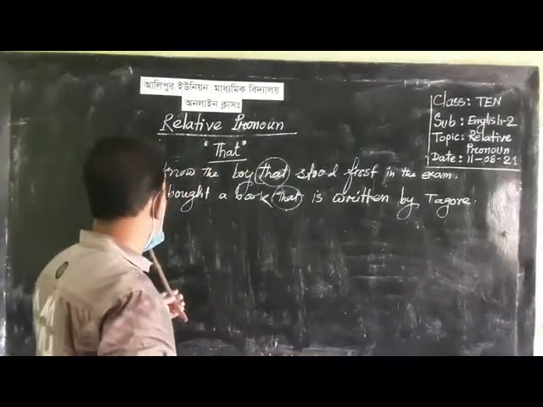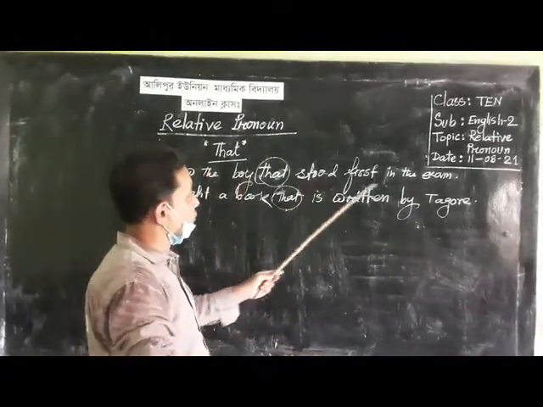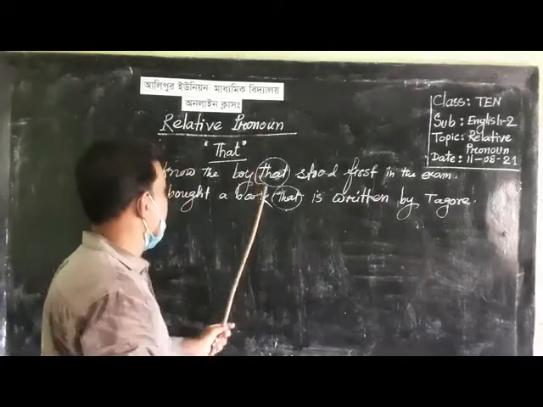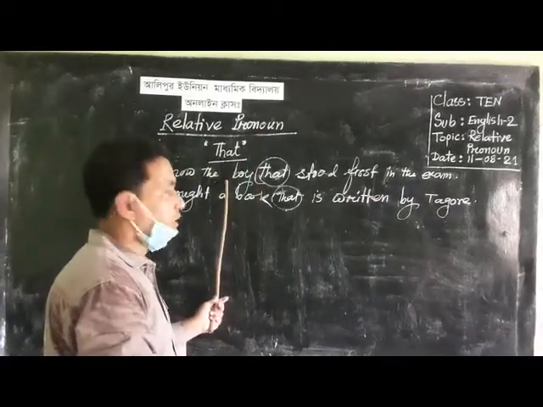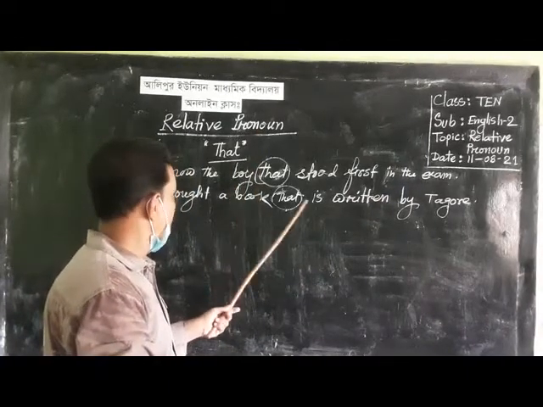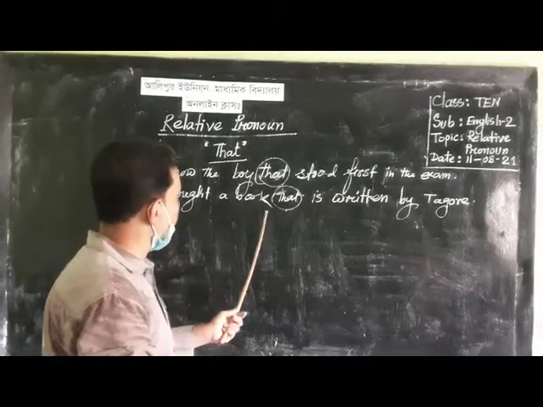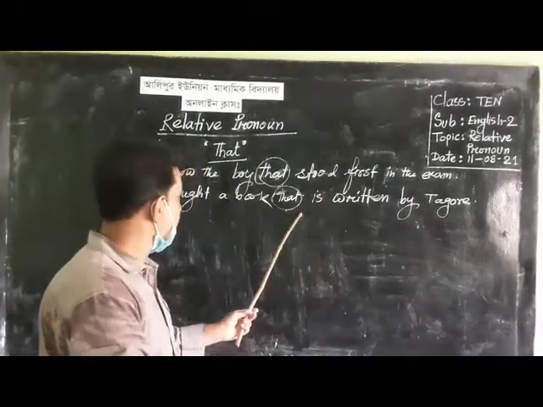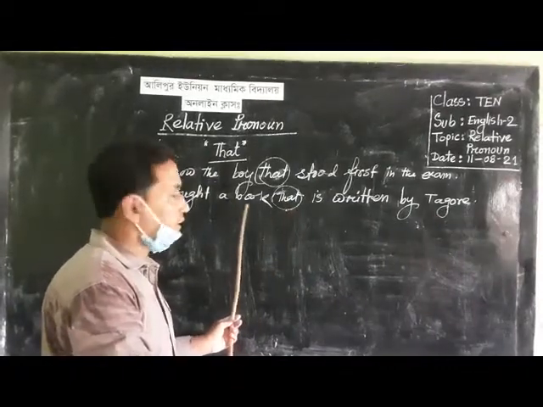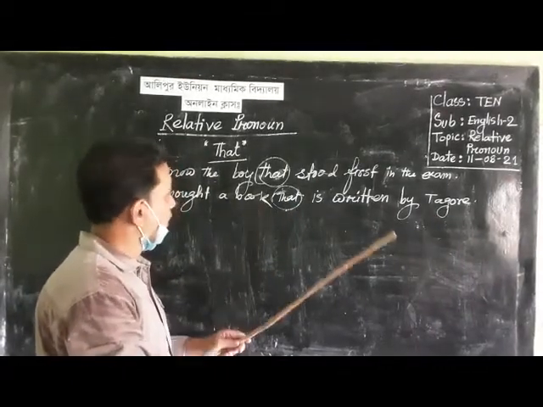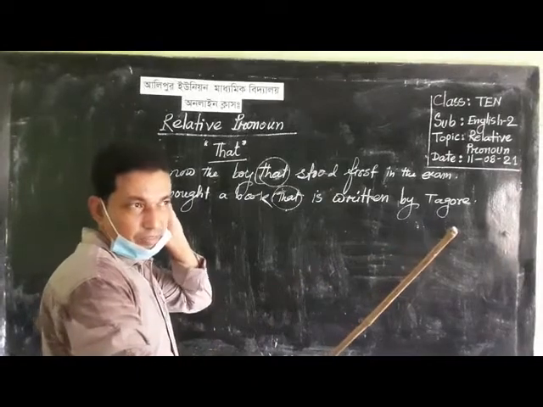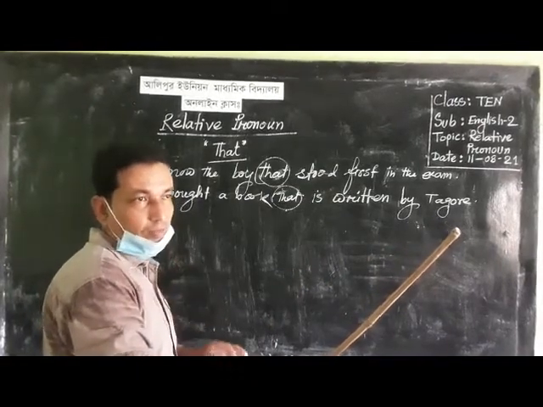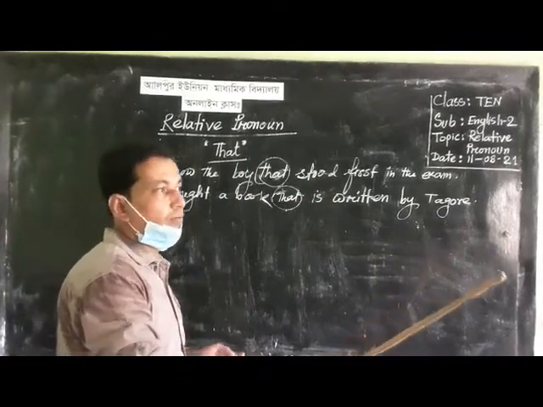At first, I know the boy that stood first in the exam: that indicates the boy, a person. And next, he bought a book that is written by Tagore: that indicates a material object, which has no life. So that indicates every kind of person and every kind of material object.